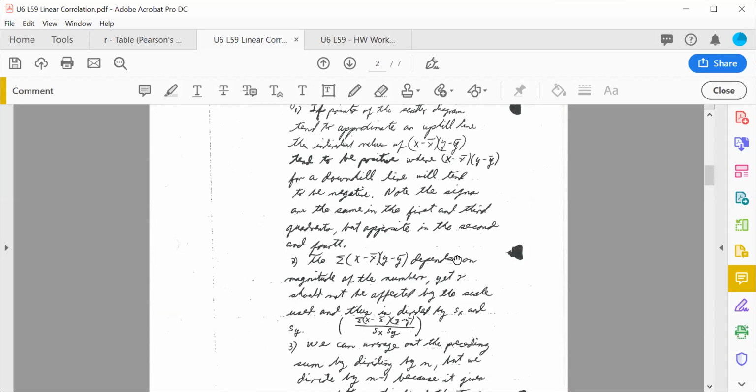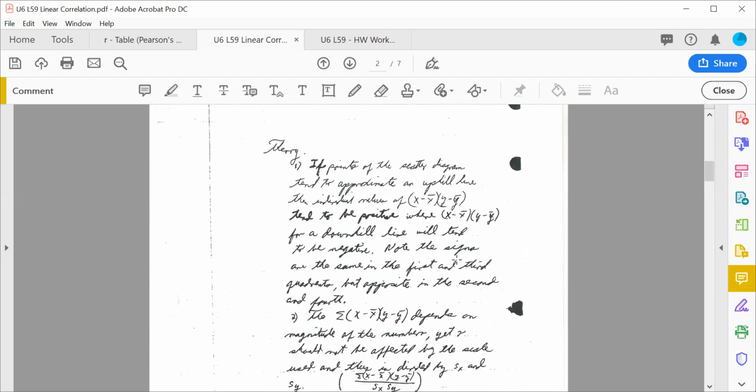Now, what are these notes right here in Doc Piper handwriting? I'm going to decipher this. R is like slope. Oof, that's disgusting right there. Let me erase that. R is like slope.